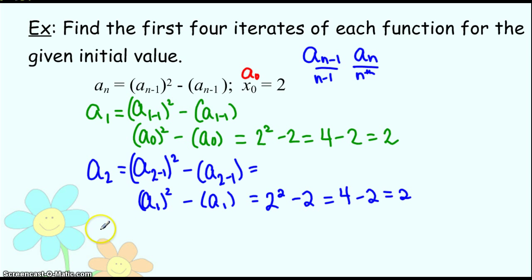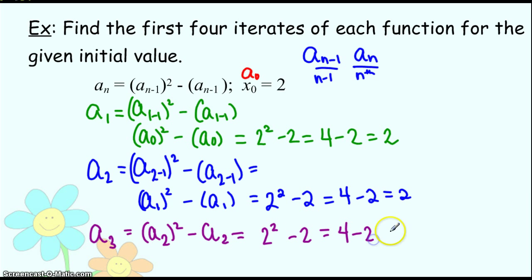Let's try that again. A sub 3: a sub 3 minus 1 squared minus a sub 3 minus 1. For our a sub 2 answer, we got 2. 2 squared minus 2, 4 minus 2 is 2.